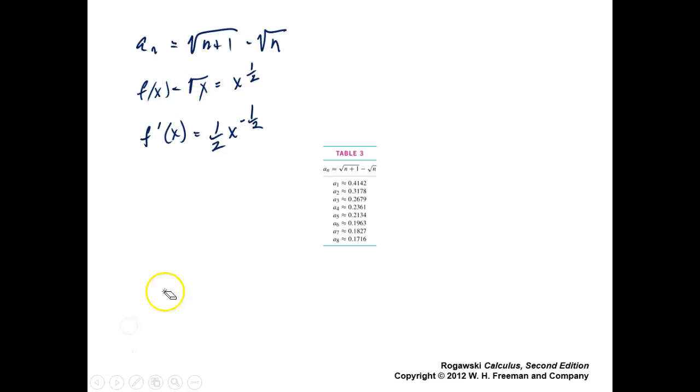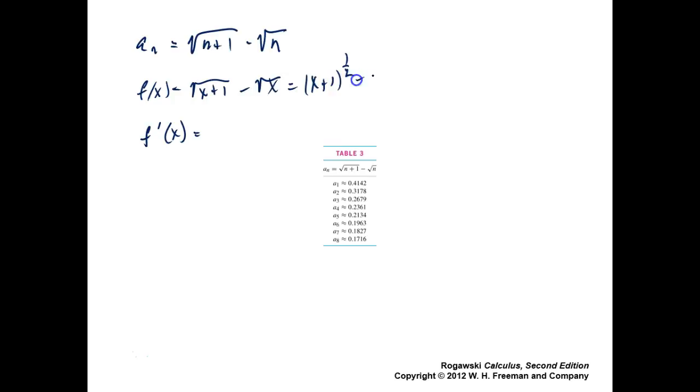What I need to do is f of x is equal to the function, which is the square root of x plus 1 minus the square root of x. It's the whole function. And this is what I want to write. Let me just get rid of this altogether. Now let's do my f prime. I want to write this as x plus 1 to the 1/2 minus x to the 1/2. That's what I should have been doing.